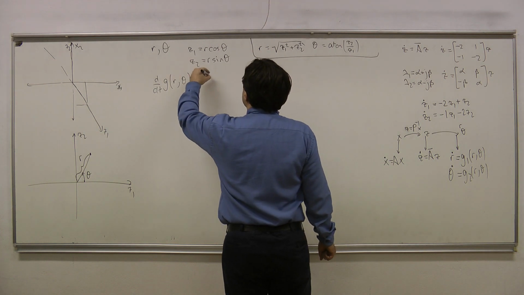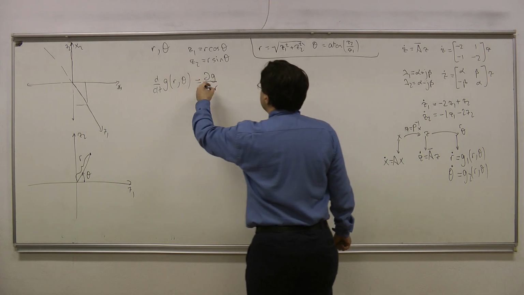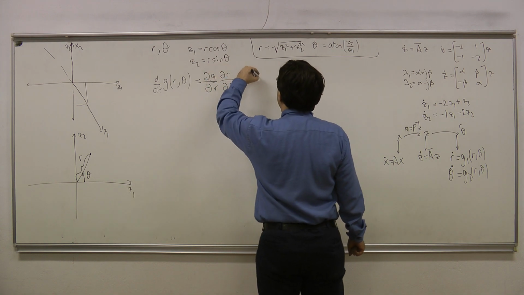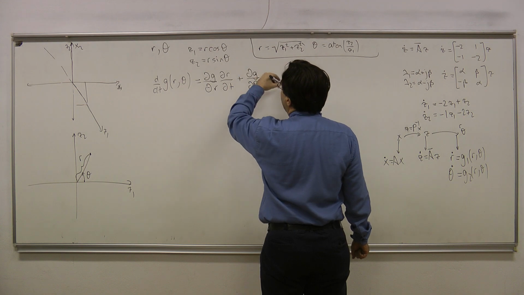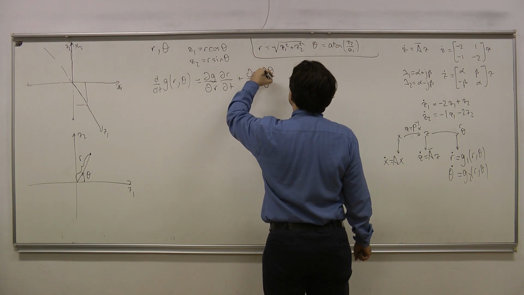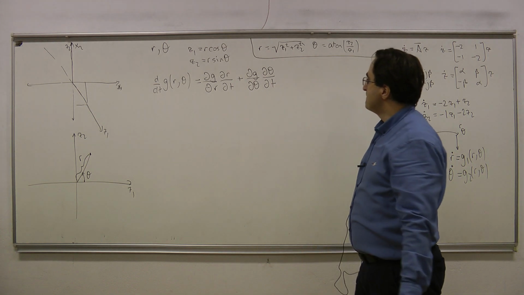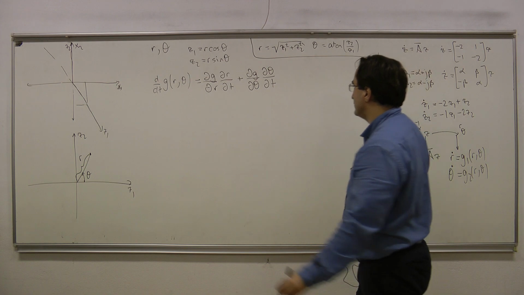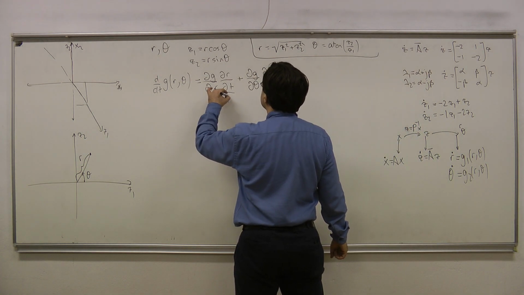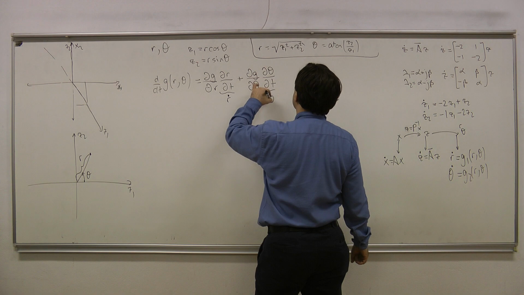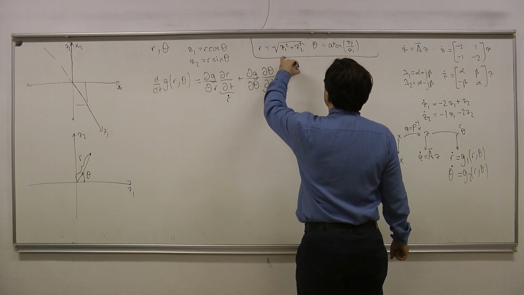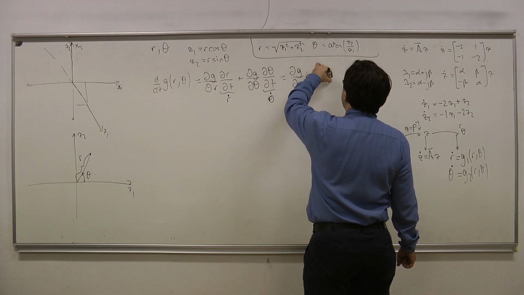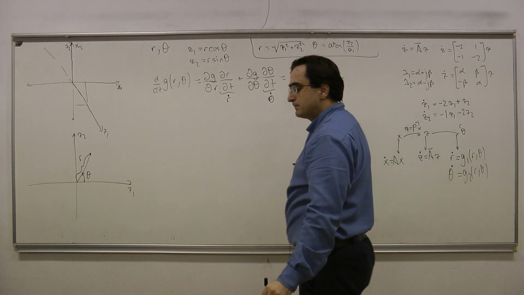This is going to be del g over del r first, and del r over del t, plus del g over del theta, and del theta over del t. Okay? I think you know such a rule from your calculus courses. And this is nothing but r dot, and this is nothing but theta dot. Okay? So we have del g over del r times r dot plus del g over del theta times theta dot. Okay?